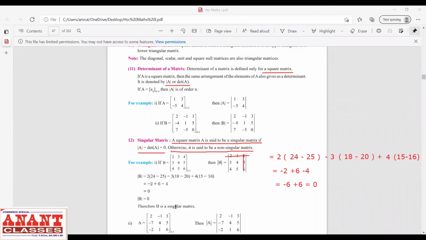Determinant B is equal to 0, therefore B is a singular matrix. I hope this is clear to you.